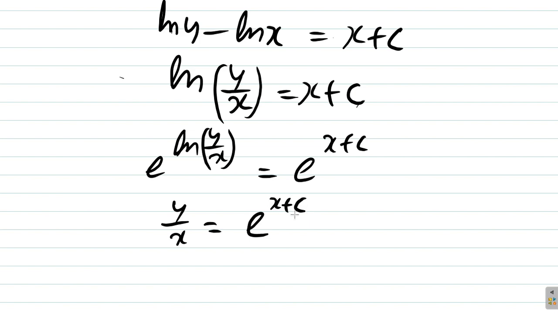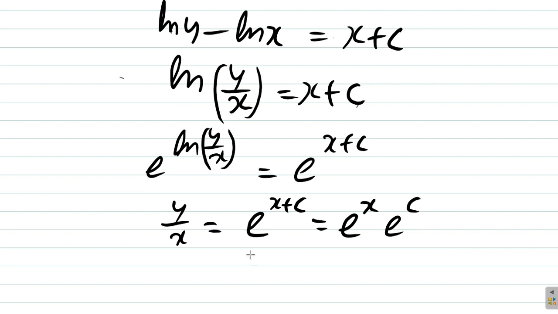But remember the laws of indices. e to the x plus c is the same as e to the x times e to the c. But e to the c is just another number.